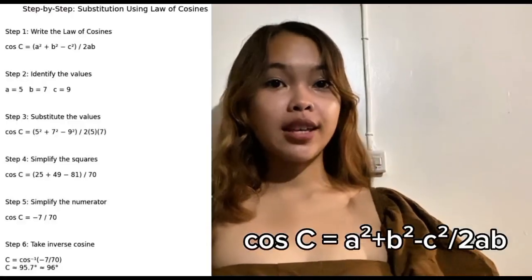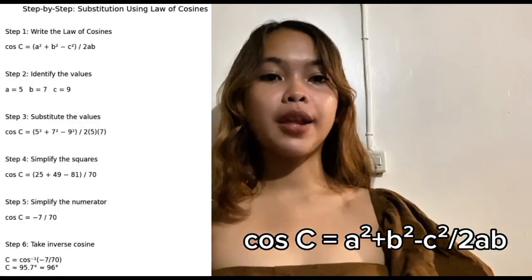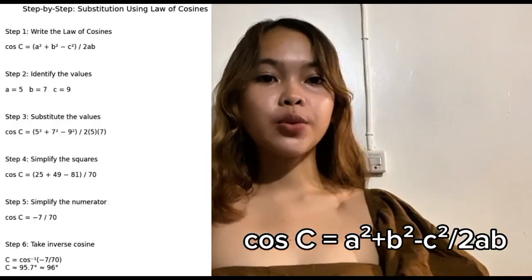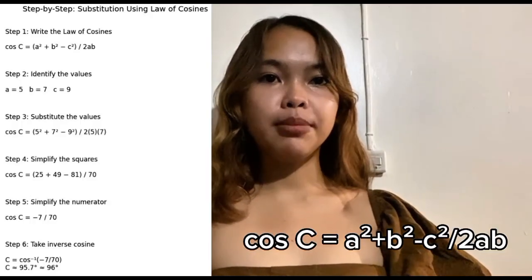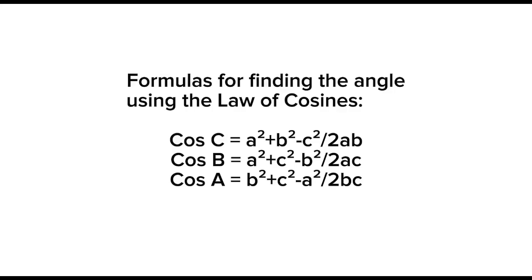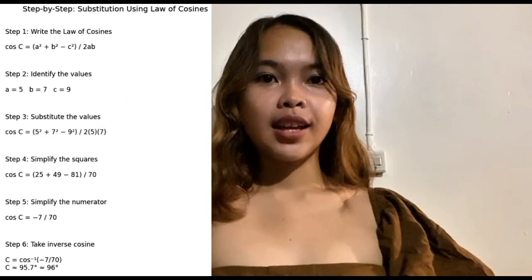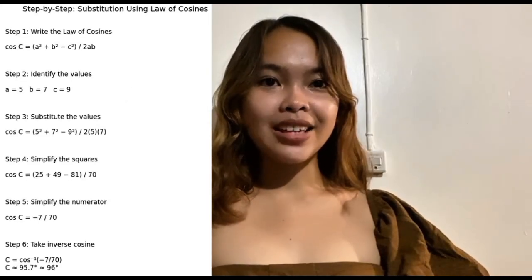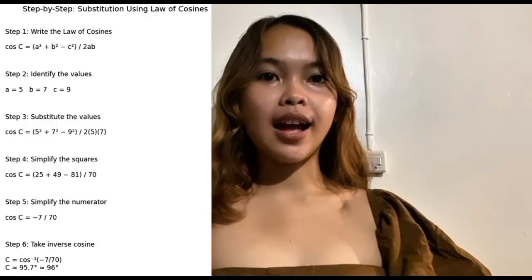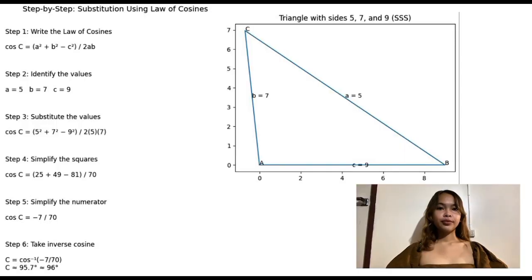First, we write the law of cosines. Cosine C equals a squared plus b squared minus c squared over 2ab. The longest side is 9 units, so we are finding the angle opposite of the side. Step 2.